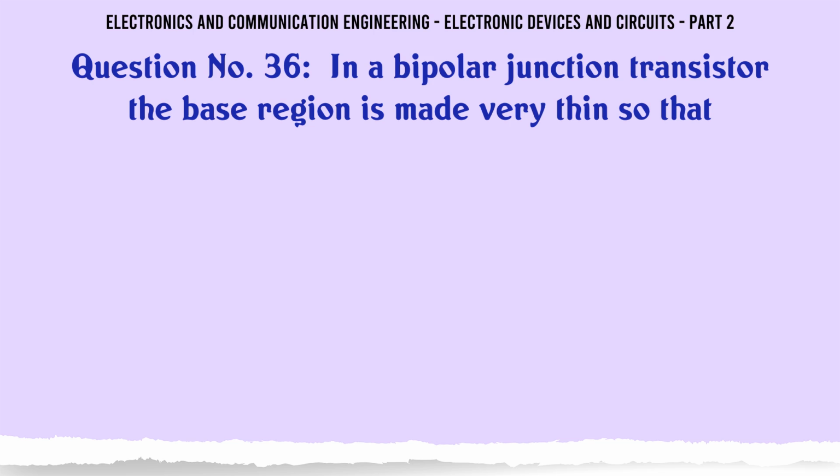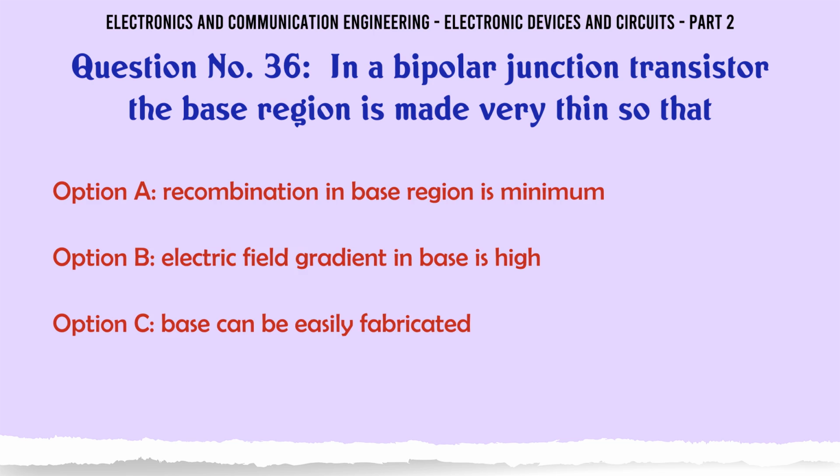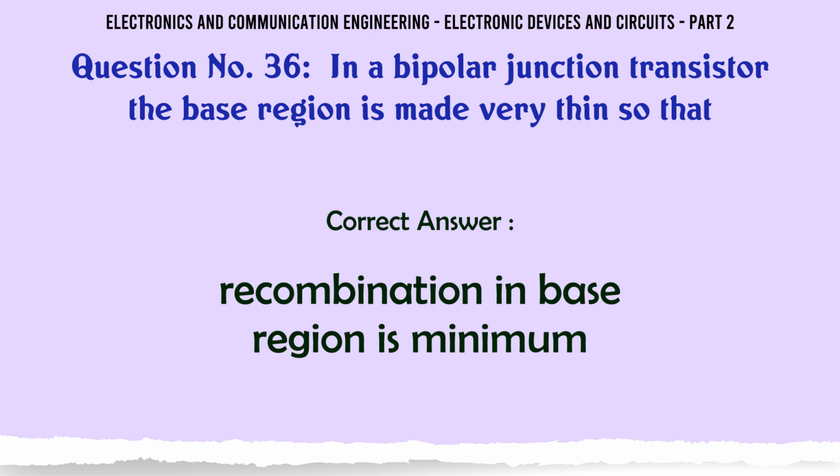In a bipolar junction transistor, the base region is made very thin so that: A, recombination in the base region is minimum; B, electric field gradient in the base is high; C, the base can be easily fabricated; D, the base can be easily biased. The correct answer is recombination in the base region is minimum.